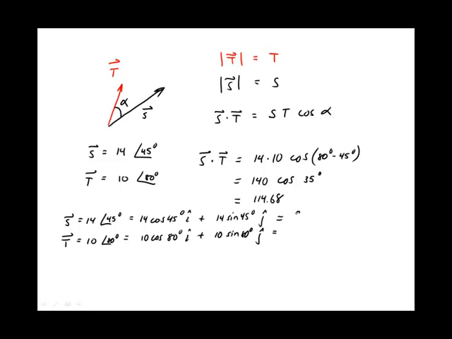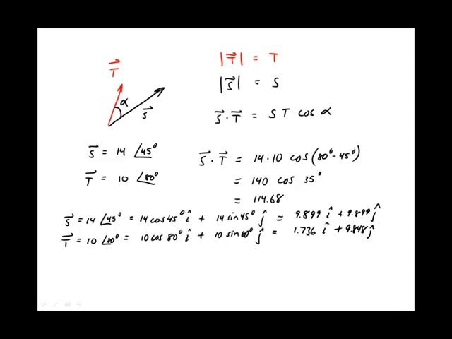So I might write this as 9.899 in the i direction plus 9.899 in the j direction. And I might write this as 1.736 in the i direction plus 9.848 in the j direction.